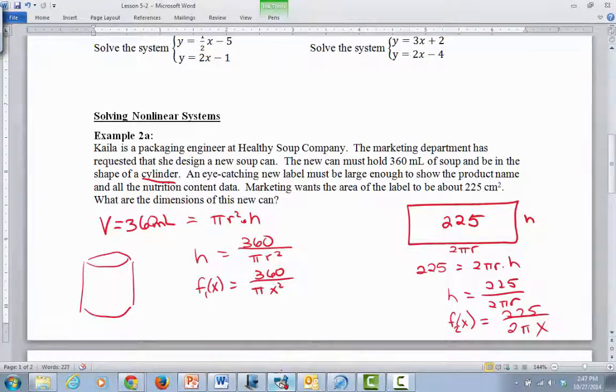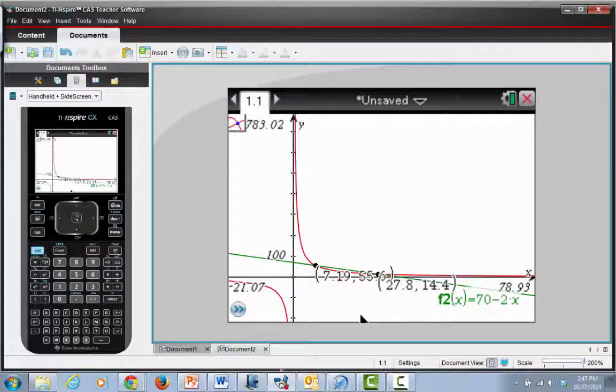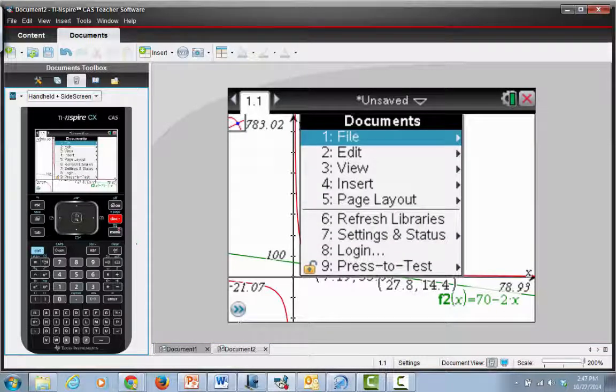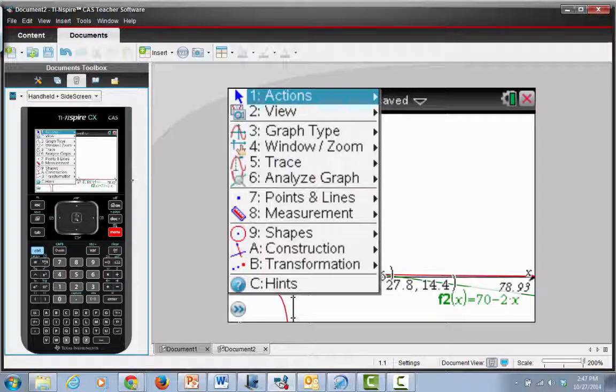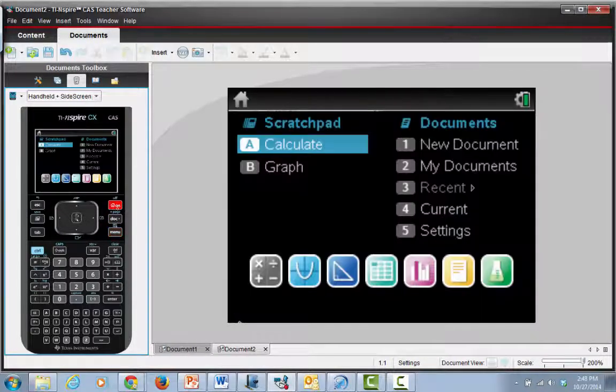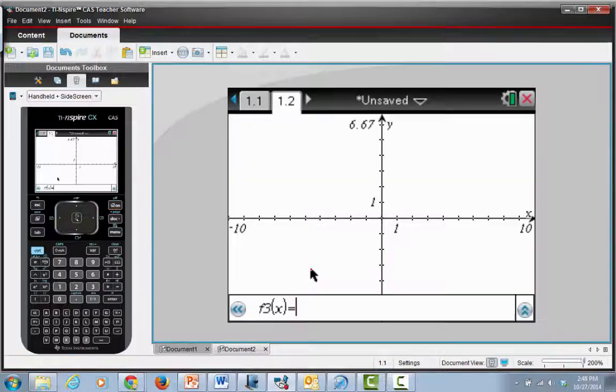You go to your calculator. Okay, I'm going to give you a minute to get out your calculators. You're going to open it up to the graphing function right there.